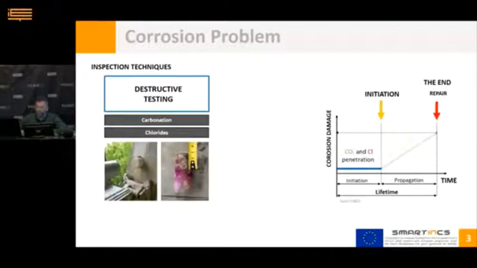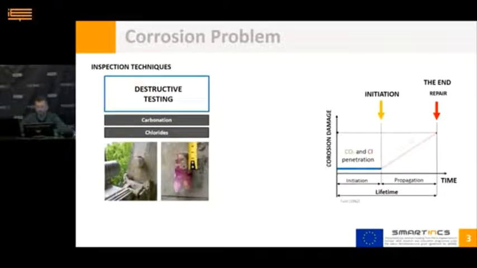Okay, what options do we have? Well, there are a number of techniques aimed at evaluating the initiation stage. That is determining the diffusion rate of the aggressive agents to predict when they will reach the reinforcement and therefore the corrosion problem will start. In short, trying to detect the problem in advance.